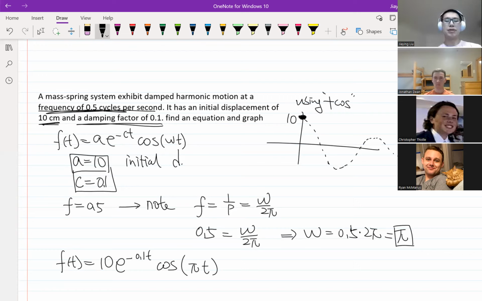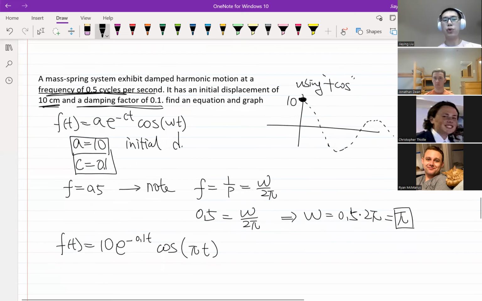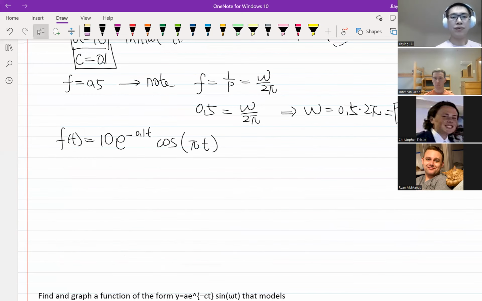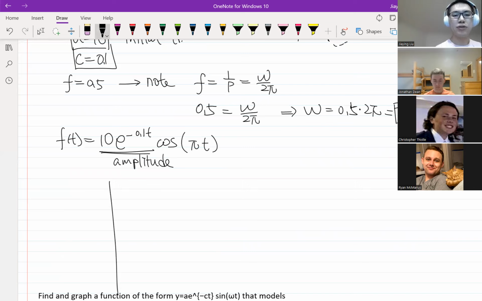I'm going to be a bit lazy because I'm not going to expect you to graph it by hand, but let me just quickly describe how you graph by hand. In this part, this is my amplitude, and it's an exponential decay function. The midline equals 0. So this is the middle. The amplitude is going to follow this exponential decay function.